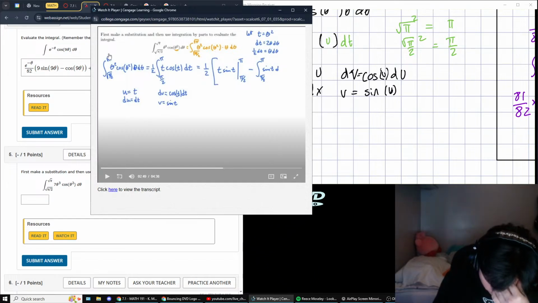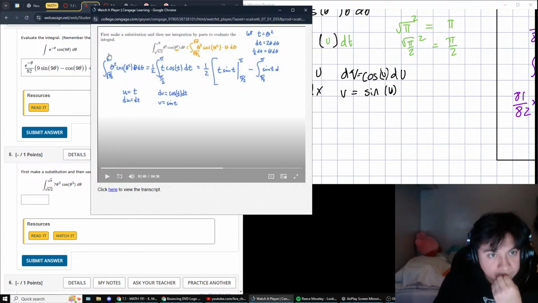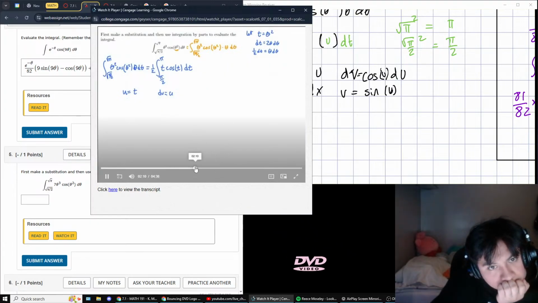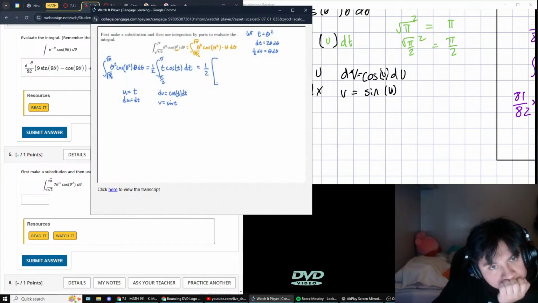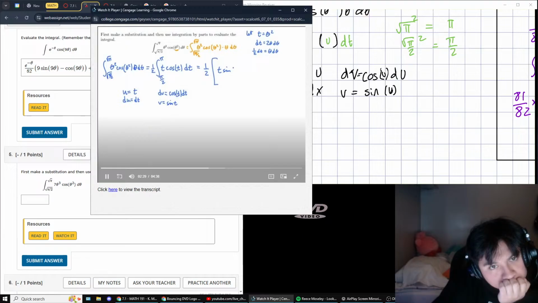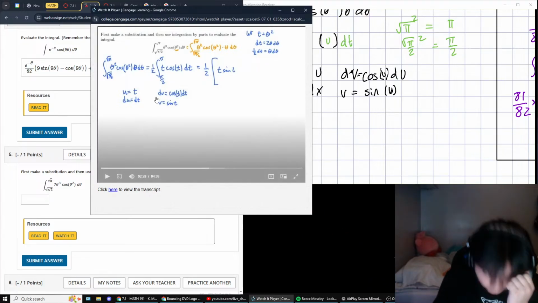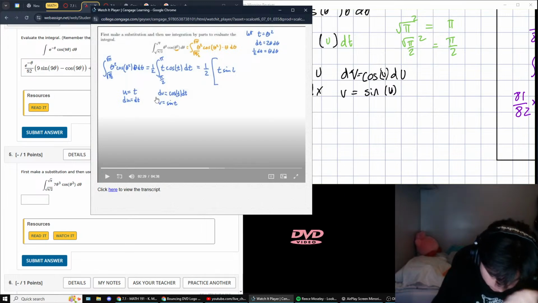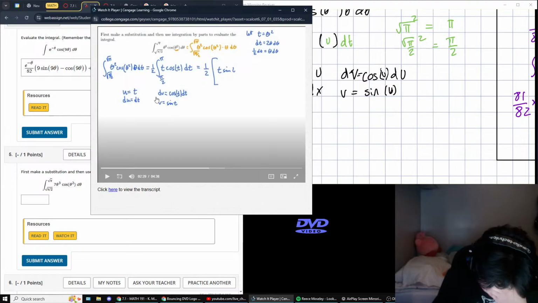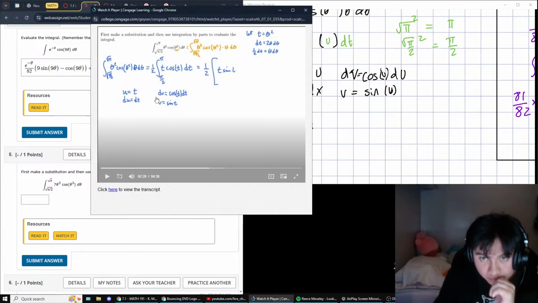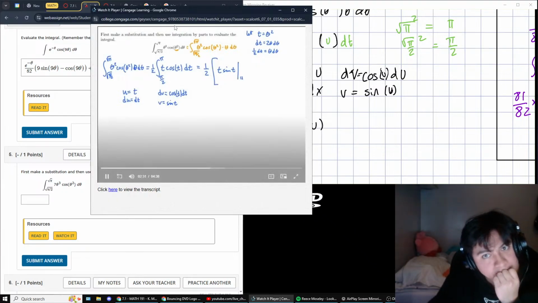So 7 pi over 2. I'm doing it by parts, which means the definite integral becomes 1/2 times uv, so t sine of t, from pi over 2 to pi.